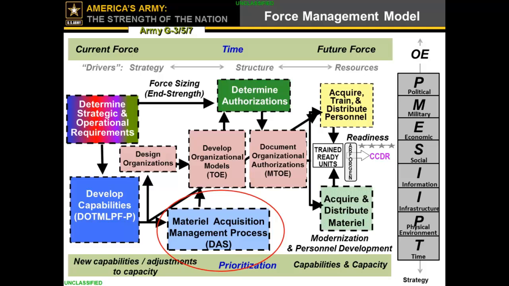But now we're in the big M, material. So we need to have a material solution to fill that capability gap. Whichever one we went with, we always have to integrate them into training and ready units to have units for COCOM commanders to use and abuse. So we are there in the military acquisition management process, the DAS.